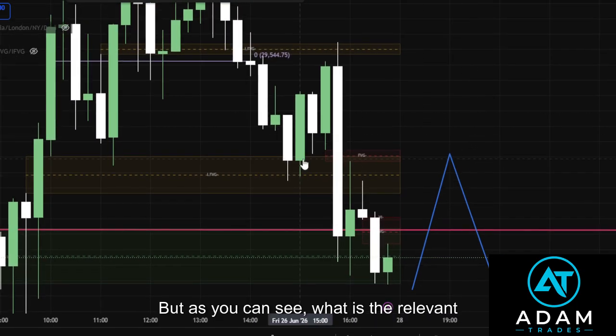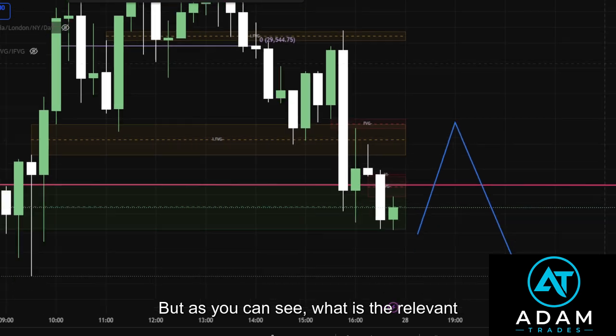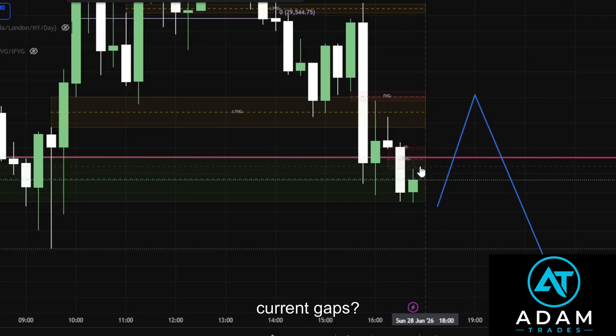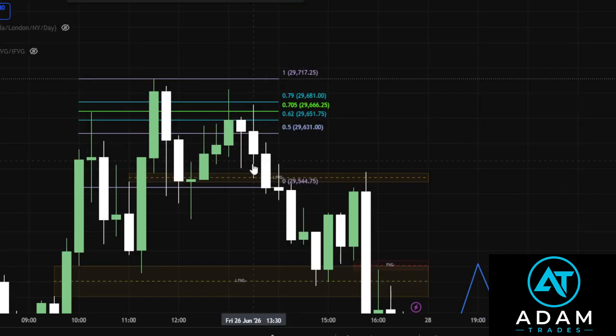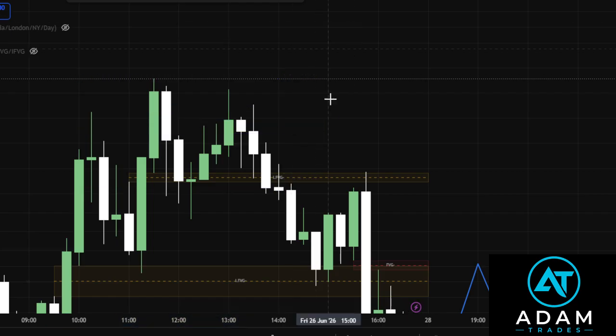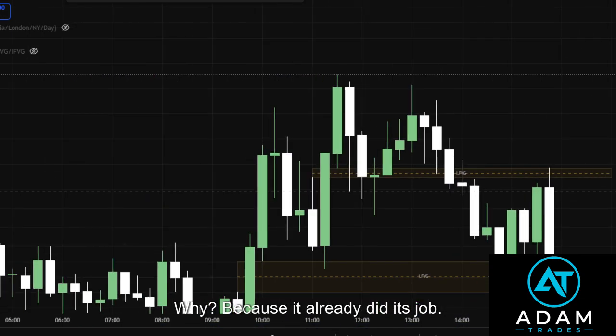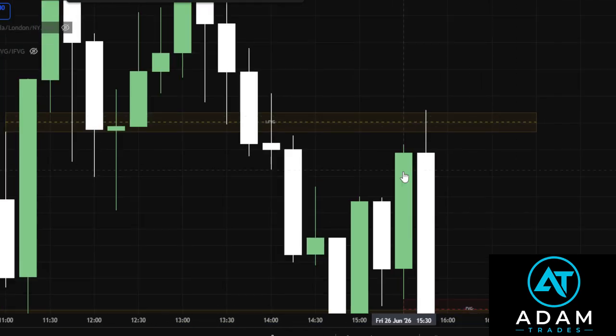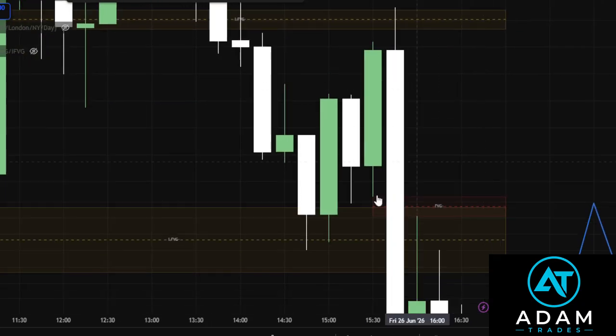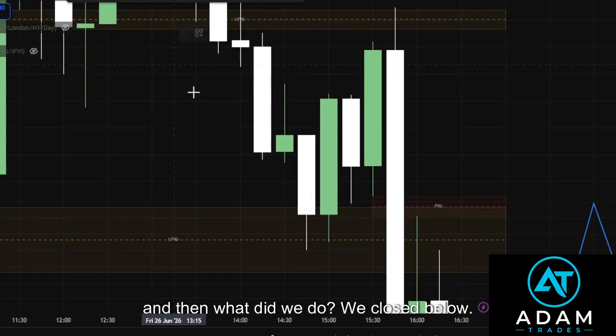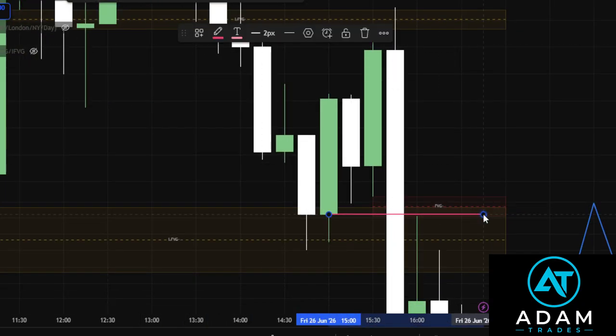and then enter from there. But as you can see, what are the relevant current gaps? I'm not even thinking about this one up here. Why? Because it already did its job. It held price, and then what did we do? We closed below this.